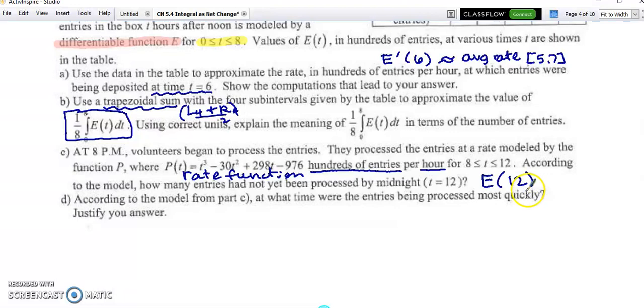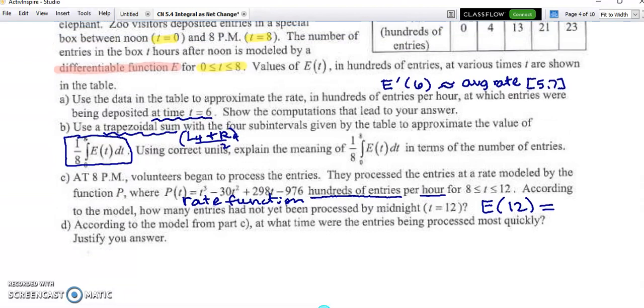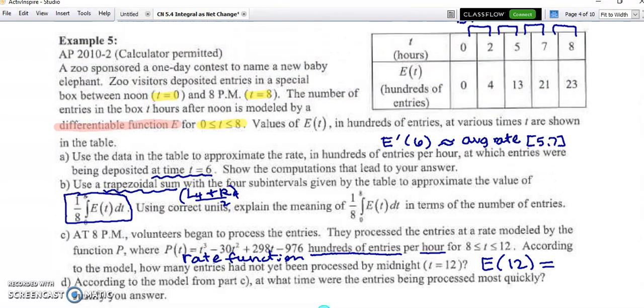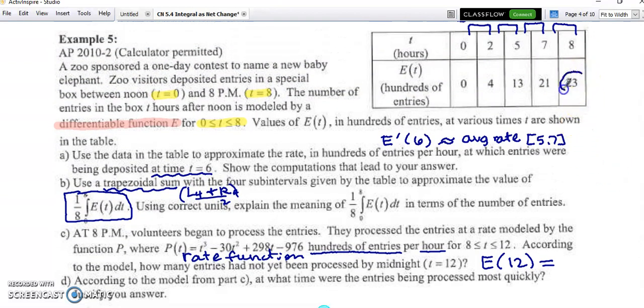And so, let's remind you, how much I have at midnight will be how much I have when I started processing. Okay, so you might want to think about, how many do we have when we started processing? We started processing at 8. How many hundreds of entries were in there? 23.